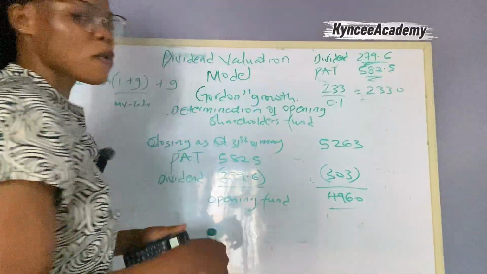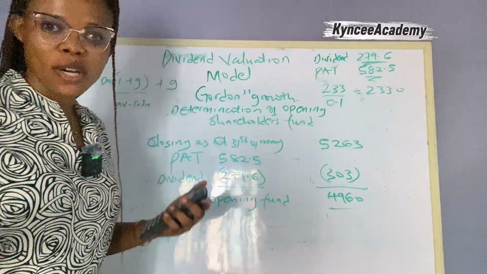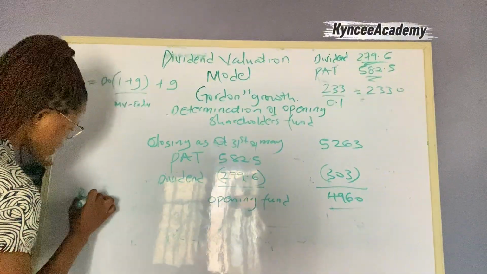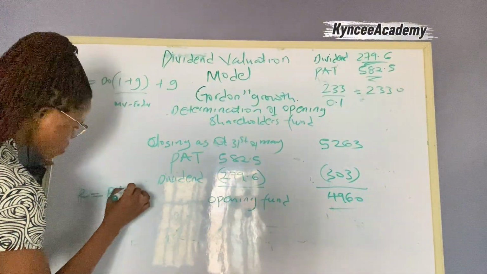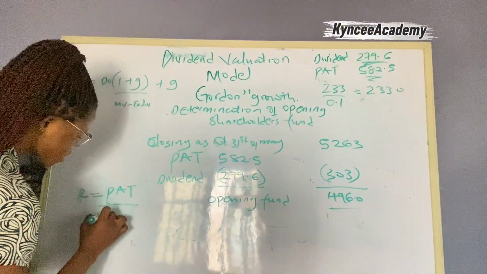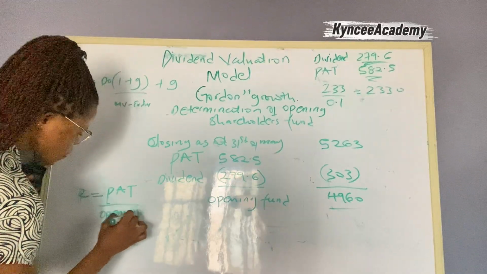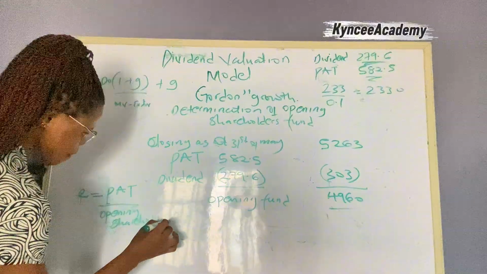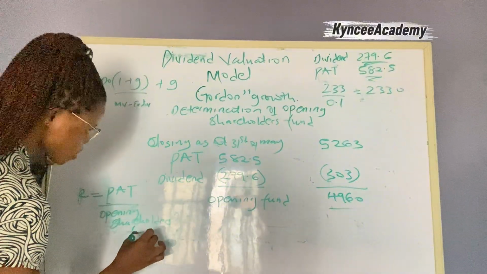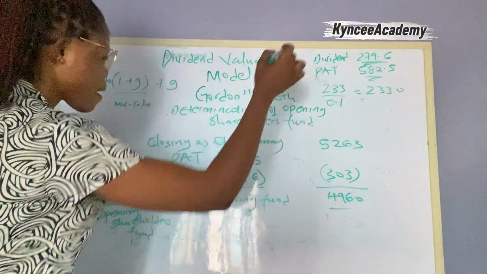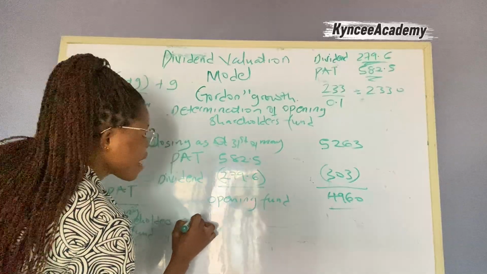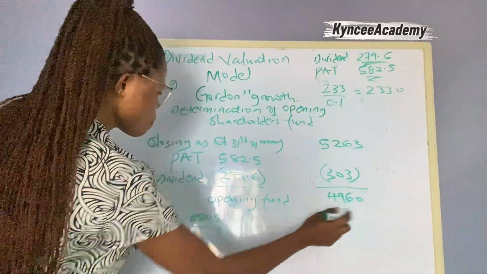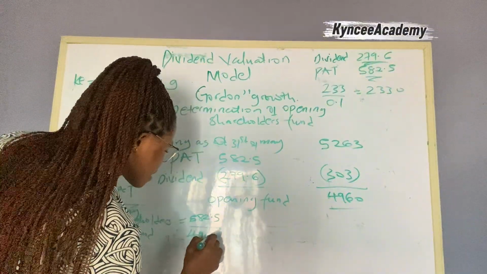So now we want to bring out our formula. Now in our formula we said our R is equals to part all over opening shareholders fund. So we now bring our part, which is equals to 582.5 divided by opening 4960.